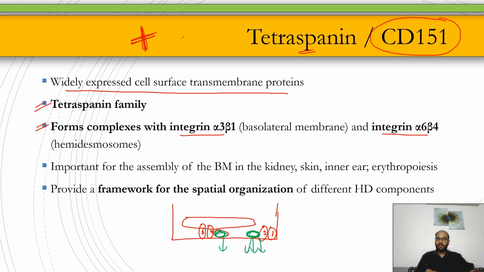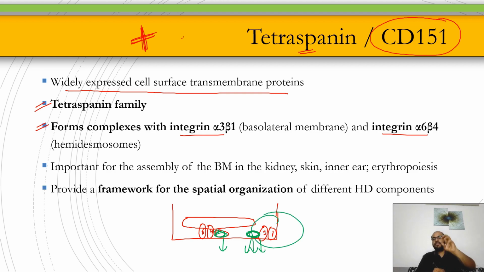It has been found in various studies, and I think this is very interesting, that in animal studies in which CD151 was neutralized or removed, the laminins, which normally attach to integrin alpha 6 beta 4, started getting attached to alpha 3 beta 1 or the other junctions. So this is the other junction. Let me just show it to you here. This is the other junction.